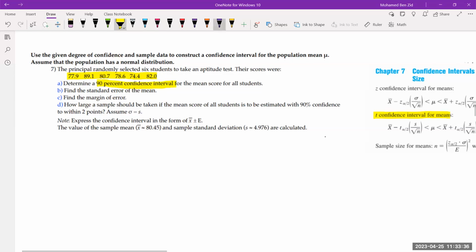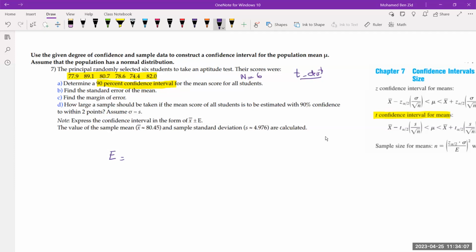All right, so what we did before, I'm going to use the formula of the error, E. And here we are using the T distribution, right? We have 6 numbers, n equals 6, which is less than 30, so automatically it's the T distribution. And you don't know sigma either.